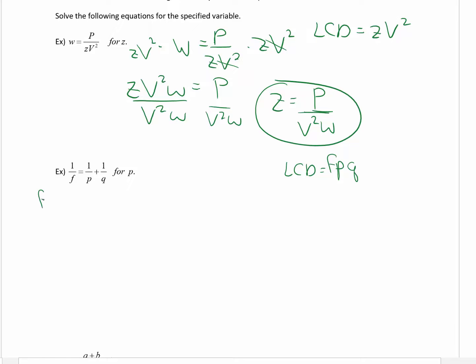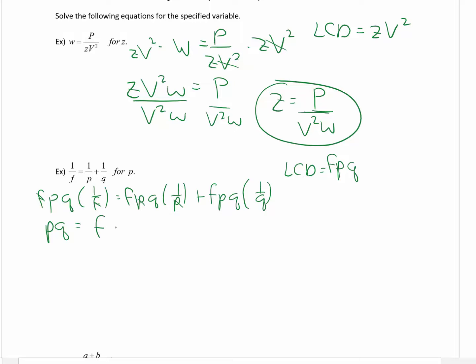Now, multiply every single term by the LCD. So here the F's divide out. Here the P's divide out. Here the Q's divide out.